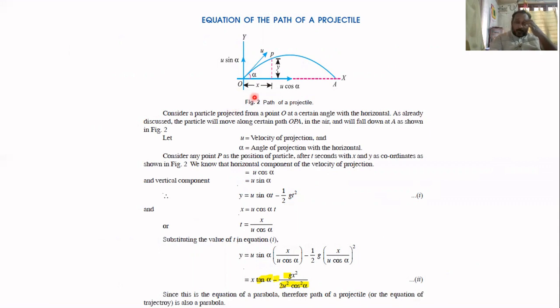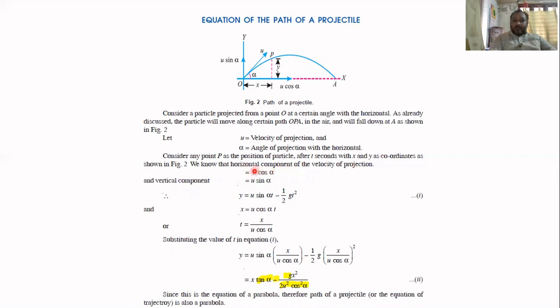Then consider the particle at point P at any particular time. Let x be the distance from the y-axis and y be the distance from the x-axis. That is, the point P has the coordinates x, y. The velocity of projection in the horizontal direction is u cos alpha, and the vertical component of velocity is u sin alpha.